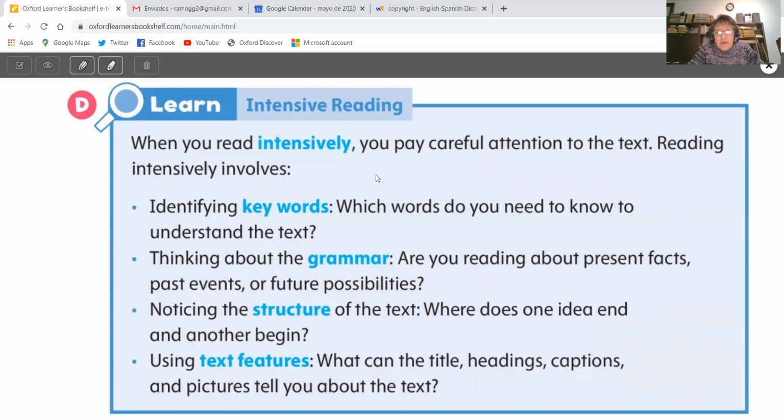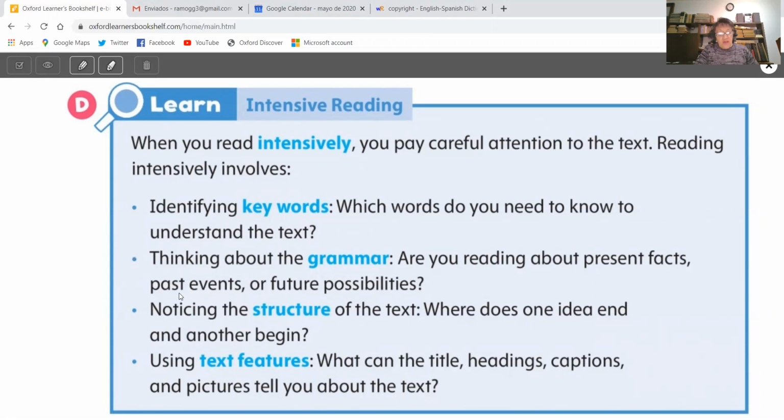And now we're going to learn something about intensive reading. When you read intensively, you pay careful attention to the text. Reading intensively involves identifying keywords. Which words do you need to know to understand the text? Thinking about the grammar. Are you reading about present facts, past events, or future possibilities?